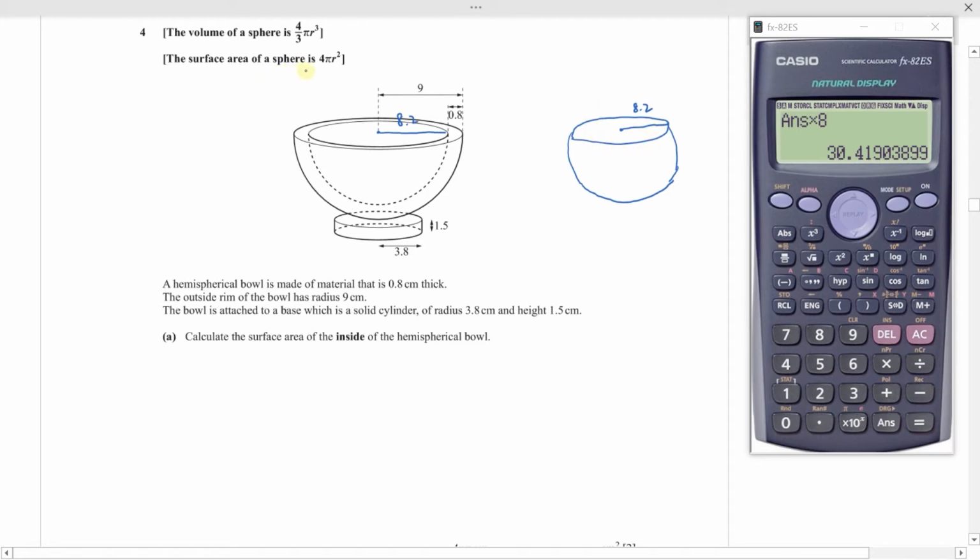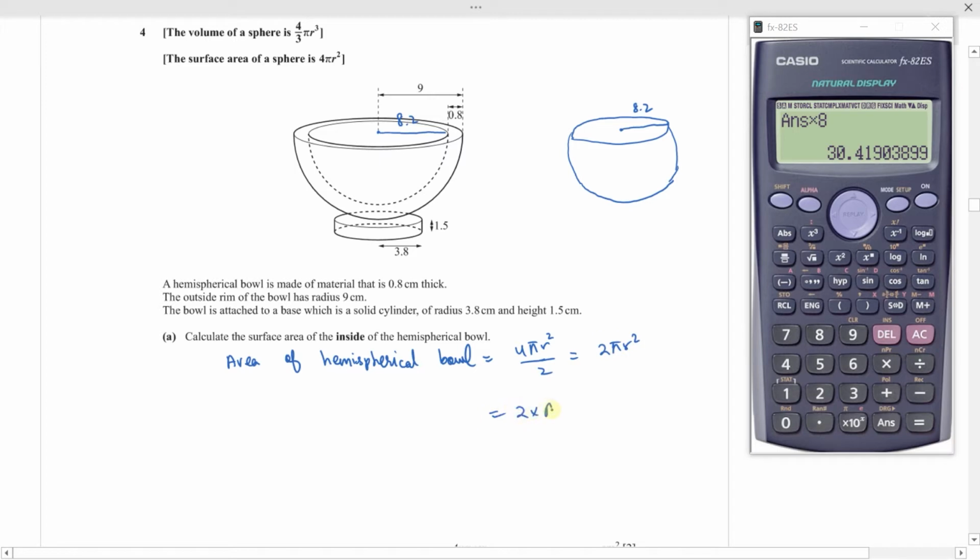You're given the surface area of a sphere is 4 pi r square. So the area of the hemispherical bowl will be half of this area. So this will be 4 pi r square divided by 2, which is 2 pi r square.